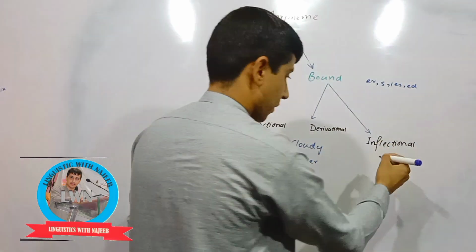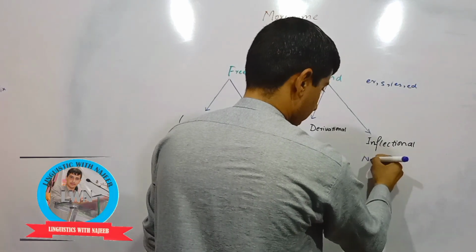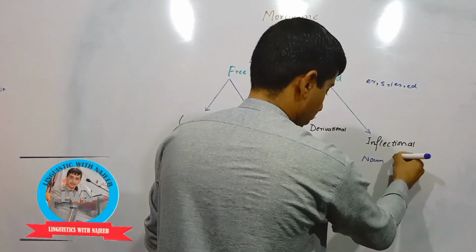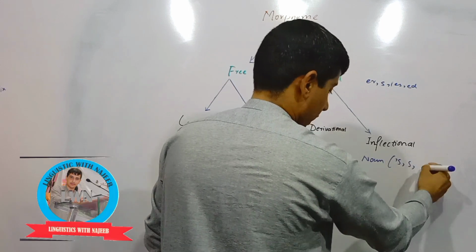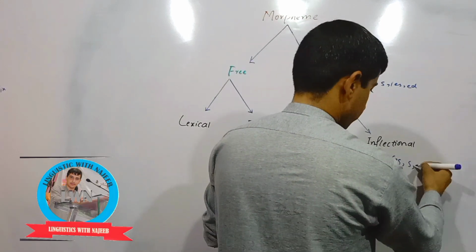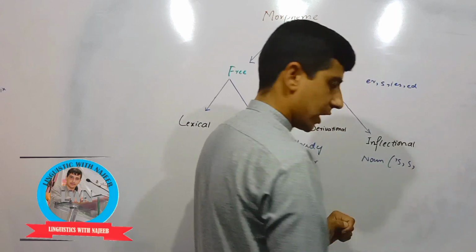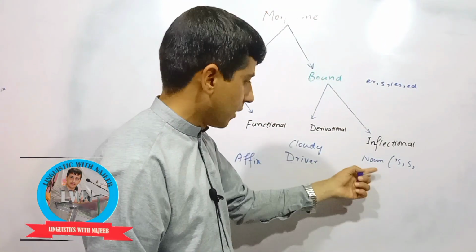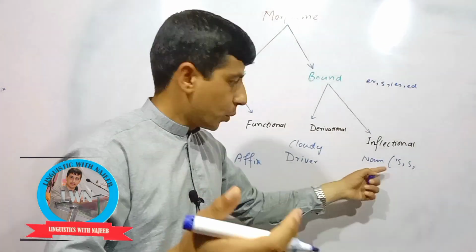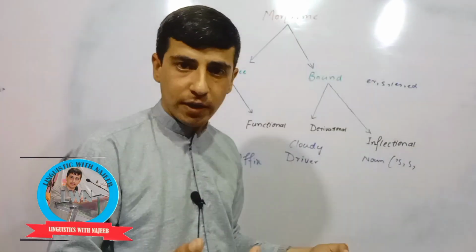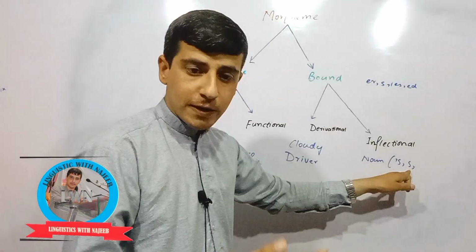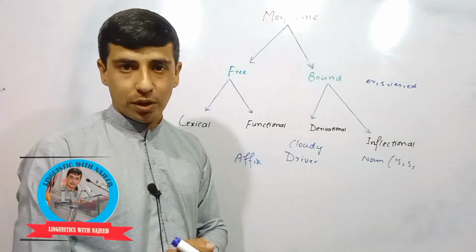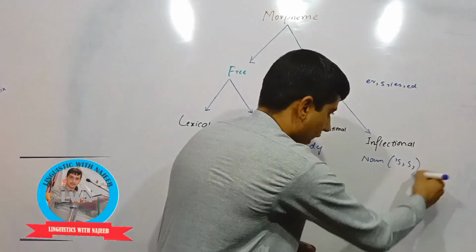For example, with nouns we add apostrophe s or s. For example, we can say Ali's, Ahmed's, etc. And we can add it to pens, boys, etc. So they are added to nouns.